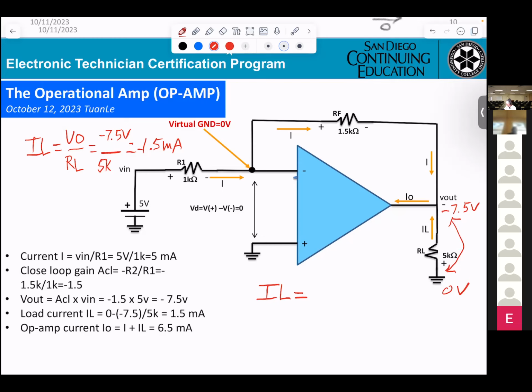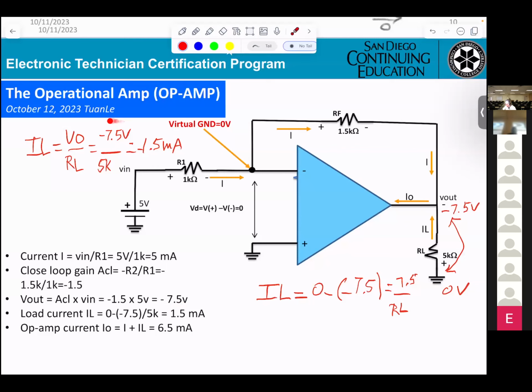So it's supposed to be 0 minus minus 7.5. That's why you get 7.5 divided by RL, and that's why you get positive current, not negative.